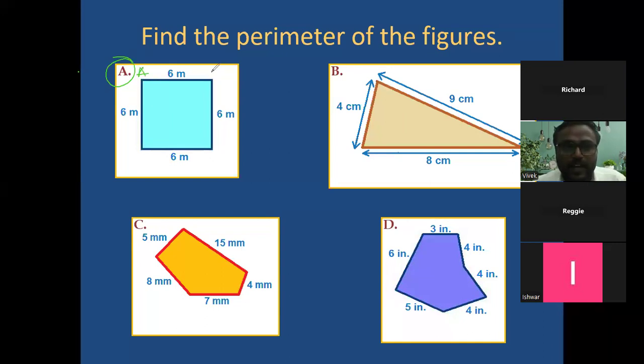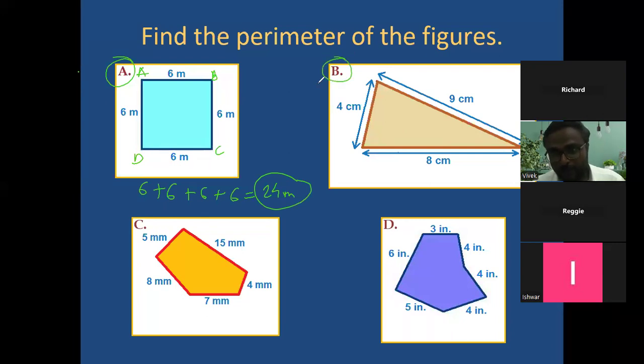From A to B, B to C, C to D, and D to A, if I have to run, how much distance am I going to cover? A to B is 6, B to C is 6 again, C to D is 6 again, and D to A is 6 again. So 6 plus 6 plus 6 plus 6 is equal to 24 meters. So that is the perimeter of shape A.